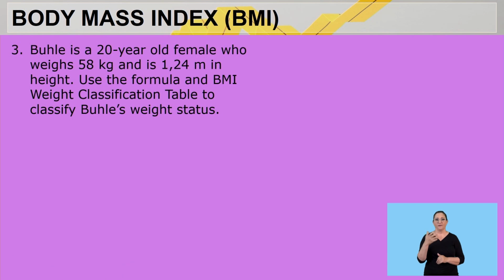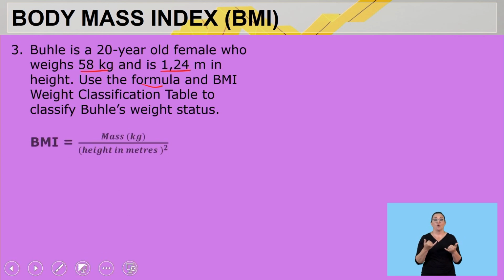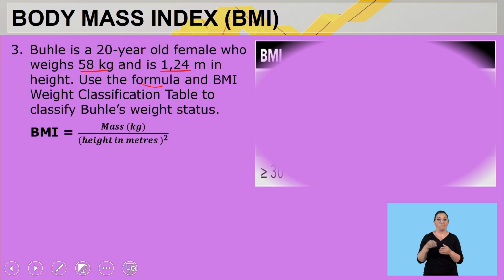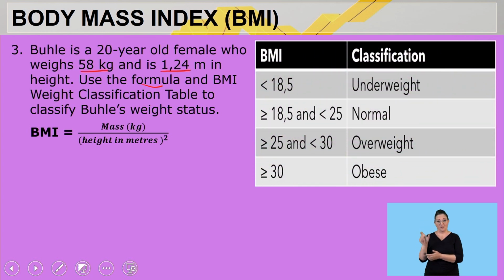Let us quickly look at another question. So here I'm saying Bootle is a 20-year-old female who weighs 58 kilograms and is 1,24 meters in height. Use the formula and the BMI classification table to classify Bootle's weight status. Right, so there's the formula, and there is your classification table.